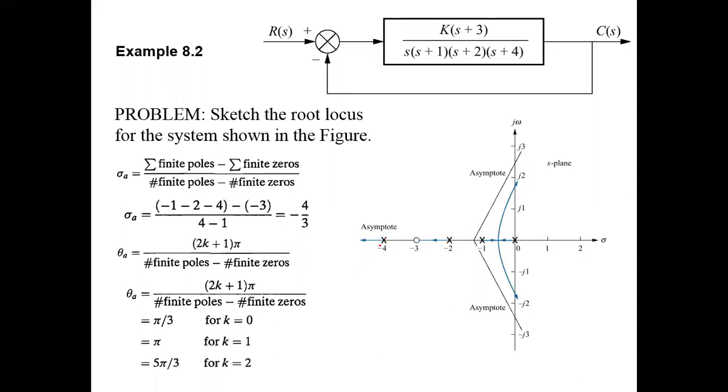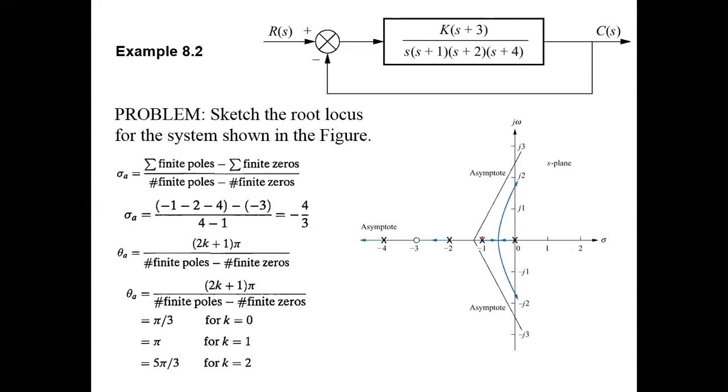For this pole, the root locus goes to infinity along the asymptote, as it has an odd number to the right side, meaning the root locus exists to the left of an odd number of poles and zeros. Here, starting from this pole, it ends at this zero.